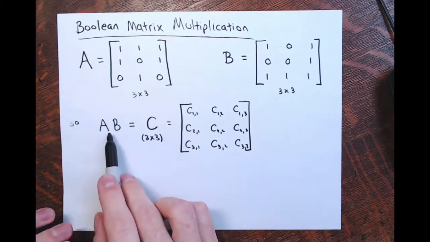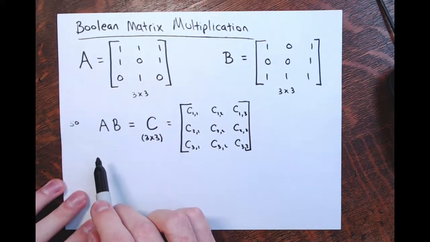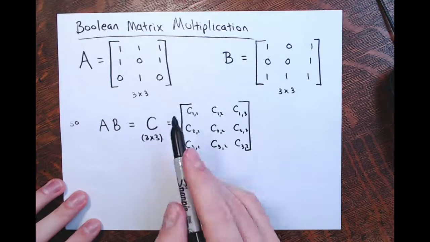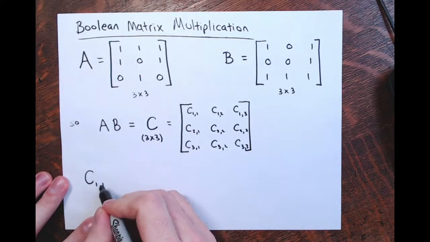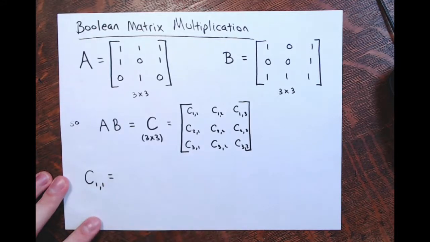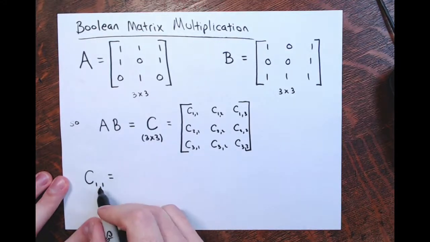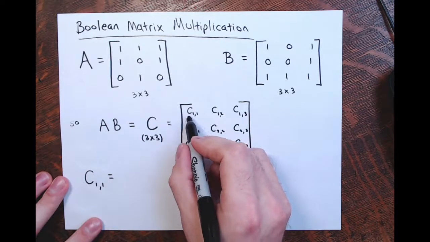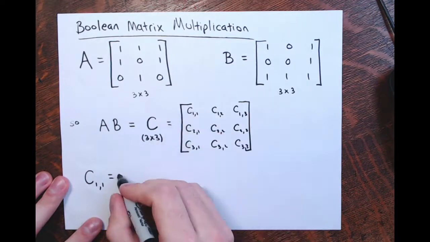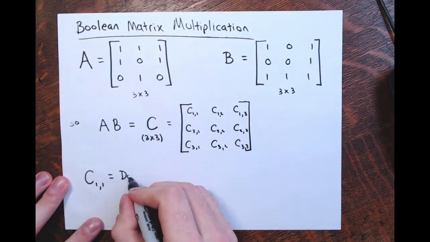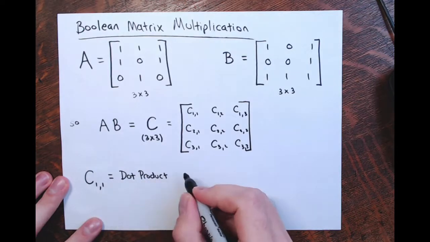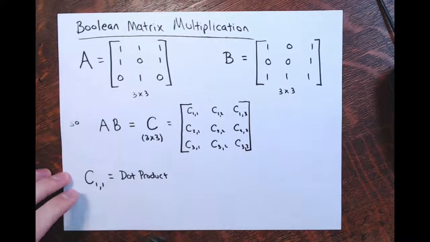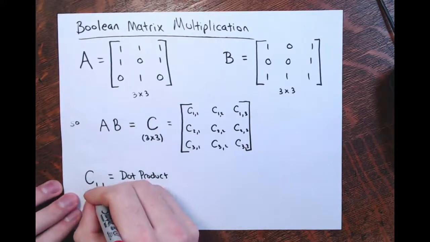Now, when multiplying matrices, how do I find these entries? Okay, to find the product C11, to find this entry here, right? So I'll focus on C11 right now. You take the dot product, right? That dot product they mentioned of the first row of A, right?